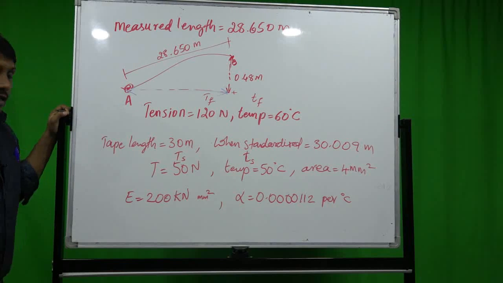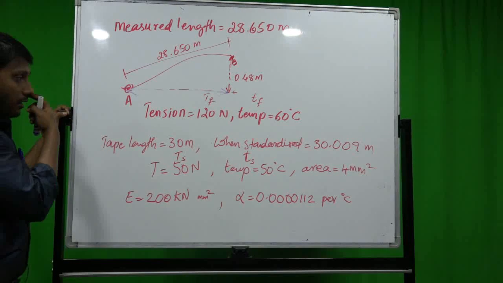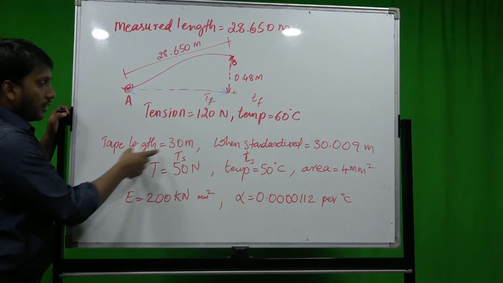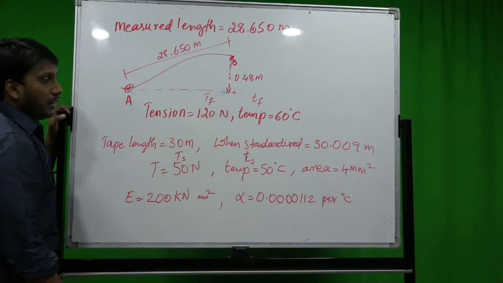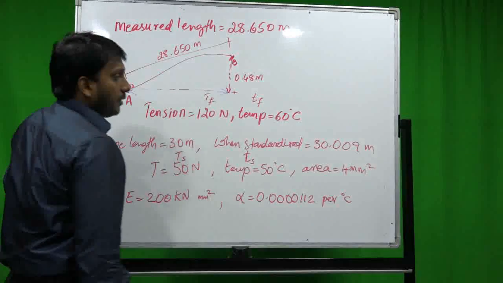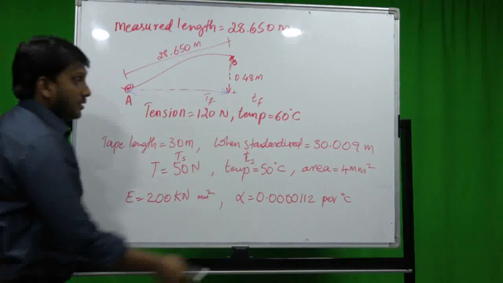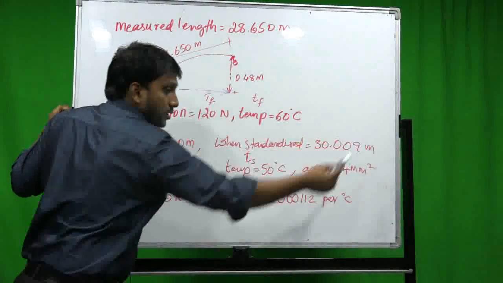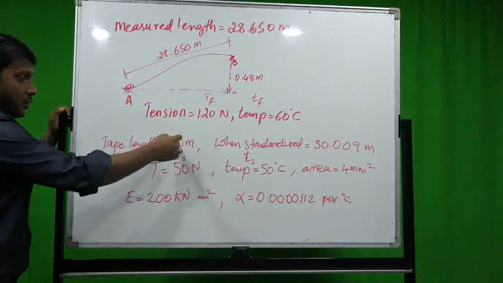When the tape was standardized, the original length of the tape is 30 meter, but they came to know the tape is 30.009 meter. That means 0.009 meters more than the actual length.